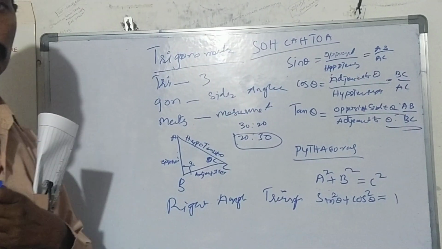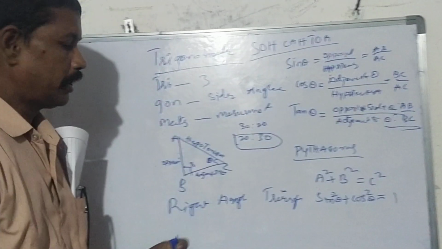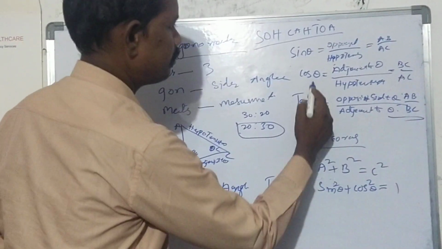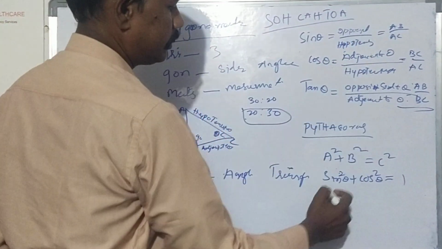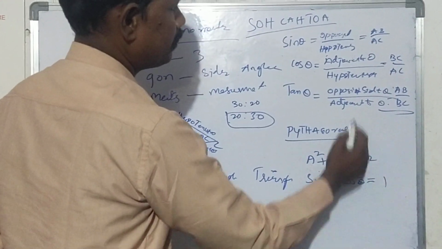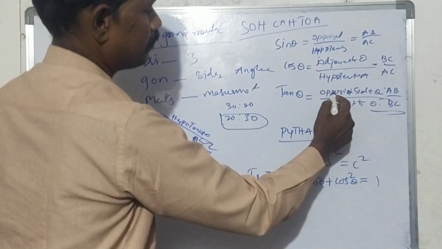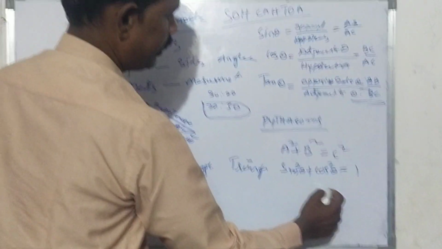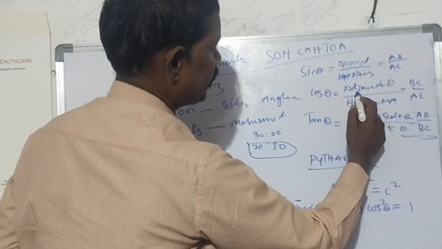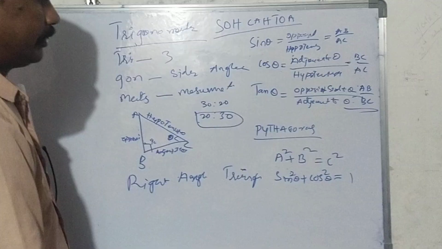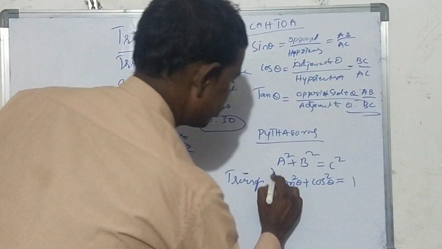Sin theta is opposite by hypotenuse and cos theta is adjacent by hypotenuse, so hypotenuse square by hypotenuse square cancels to give 1.